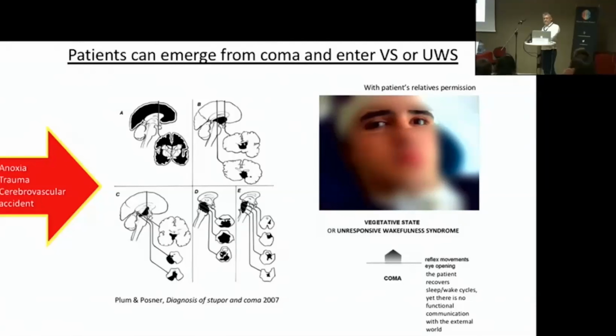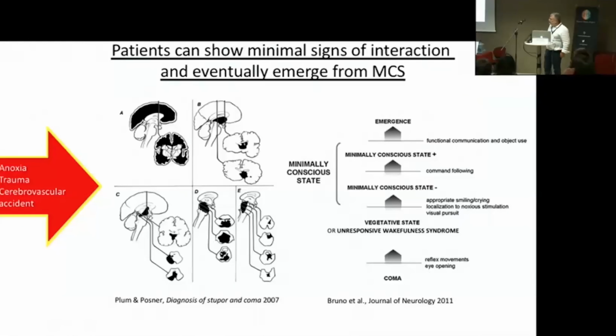Then the patient can go from coma to vegetative state, or unresponsive wakefulness syndrome, to states in which subtle signs of interaction with the external environment are expressed. These are called minimally conscious states. There are at least a couple of them. And eventually the patient can emerge from the minimally conscious state.